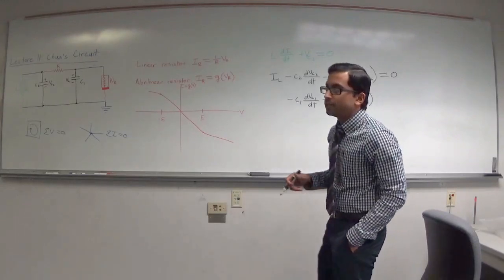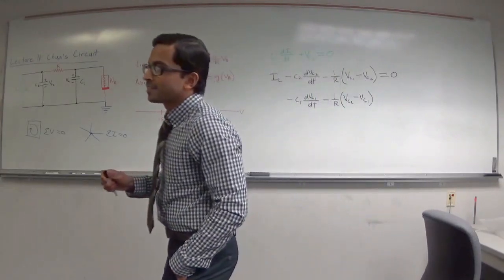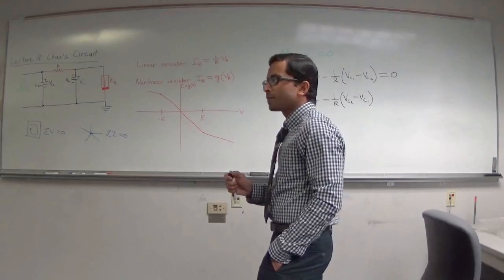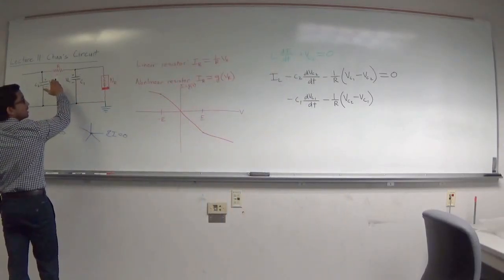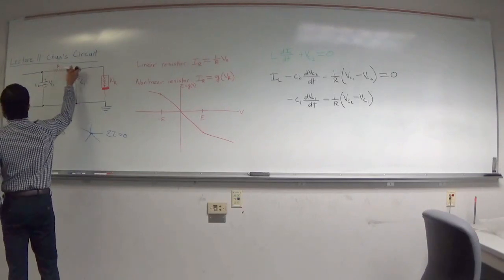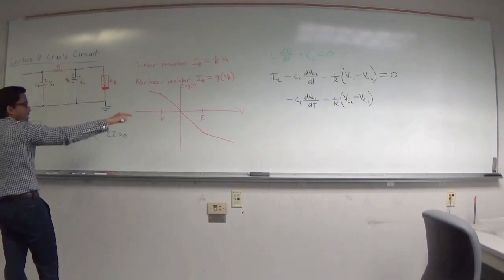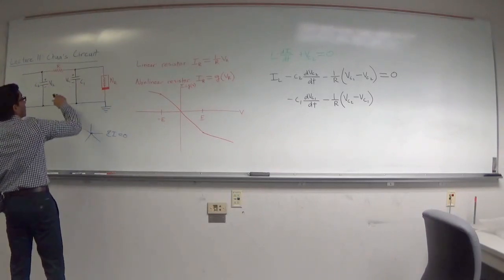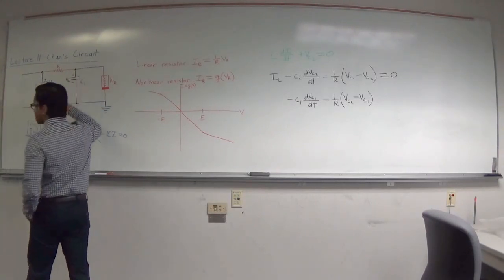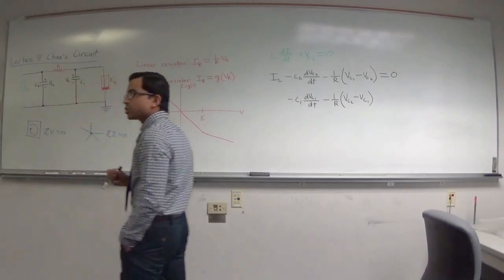And then what else do we need? There's a current that we can think of as coming out of here because it's VC2 minus VC1. There's a current coming out of here, but how about what's happening on that other branch?